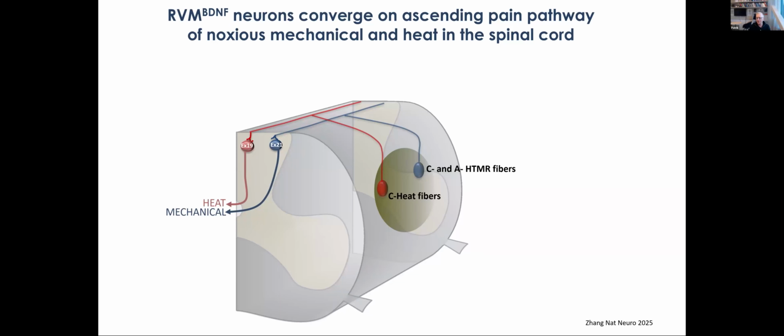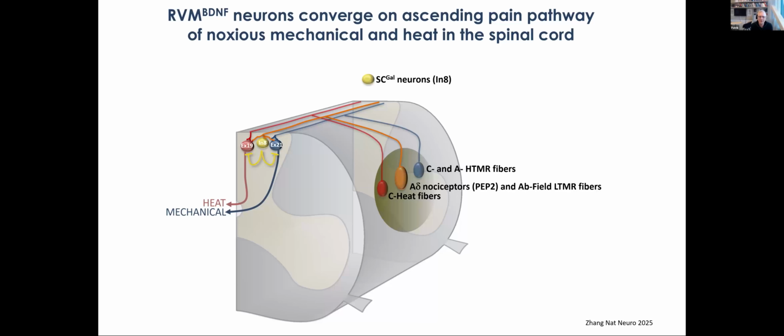And the interesting thing was that in that study, Ming Dong found that there is also an inhibitory neuron, inhibitory 8 neuron, that actually is activated by both heat and mechanical stimulus. And that is a feed-forward inhibitory neuron in the ascending pathway that reduces activity of excitatory 19 and 21 neurons.